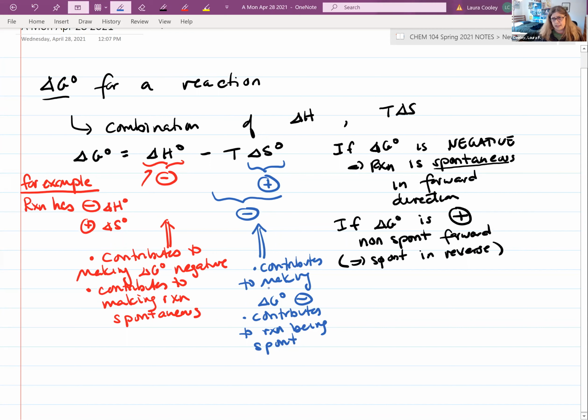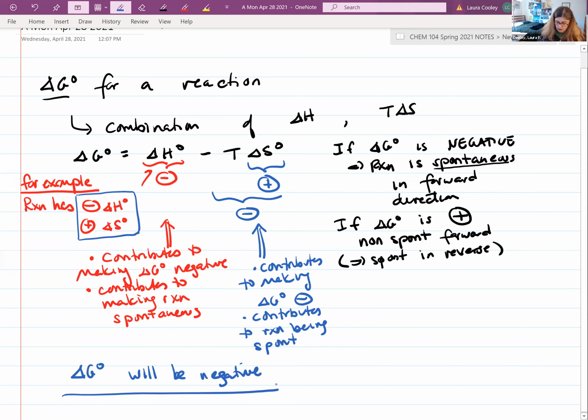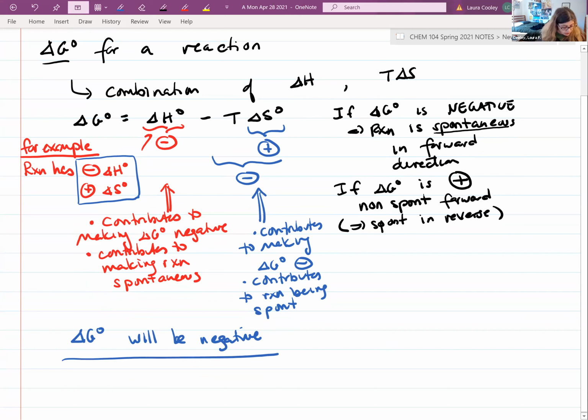So in this example, when you have a positive delta S and a negative delta H, we know that delta G0 will be negative. There's no positive term. And as you can see, the positive delta S, when you multiply by minus the temperature, you're changing the sign to be negative.